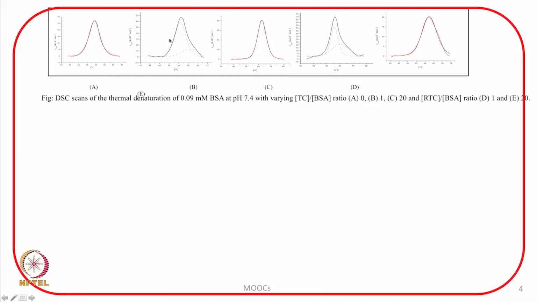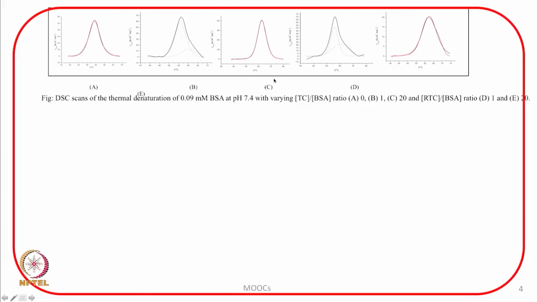This is in the presence of tetracycline. We can clearly see that when you add tetracycline, the overall peak is no more a symmetric peak, but there is a shoulder which could be due to the unfolding of the protein-ligand complex, and the other one can be the one which is still not ligated.